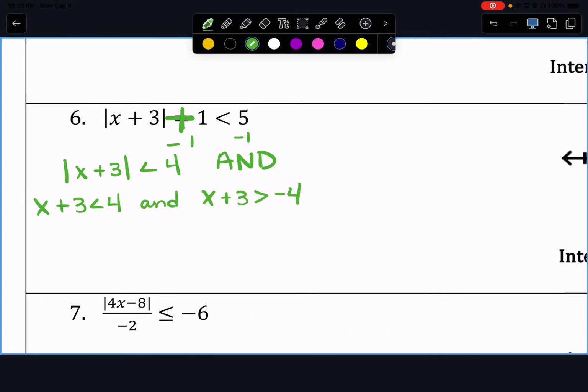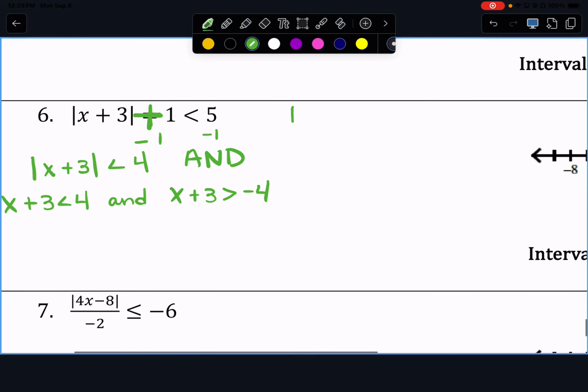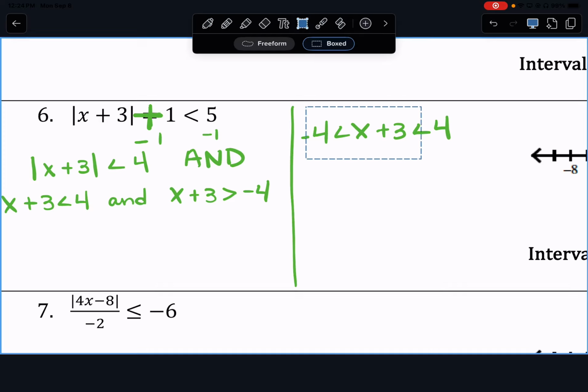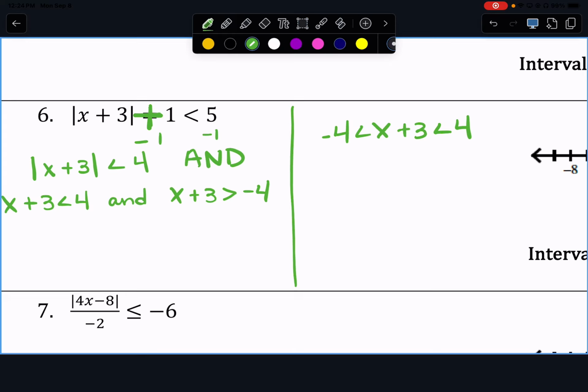You could also choose to set it up slightly differently by setting it up as negative 4 is less than x plus 3 is less than 4. Either setup works. I'm happy with you doing either way.